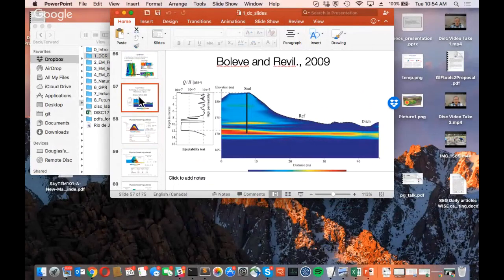Activity problem. Self-potential, you simply measure the potential. One of the things that's becoming important worldwide is the integrity of dams.